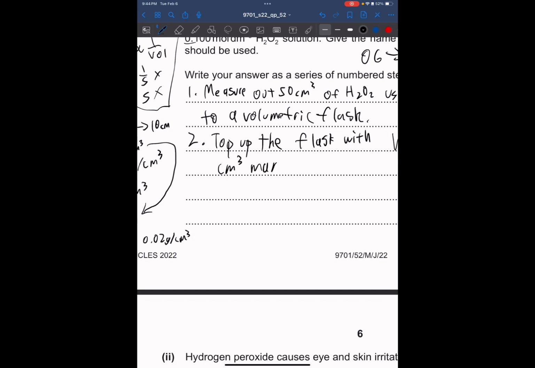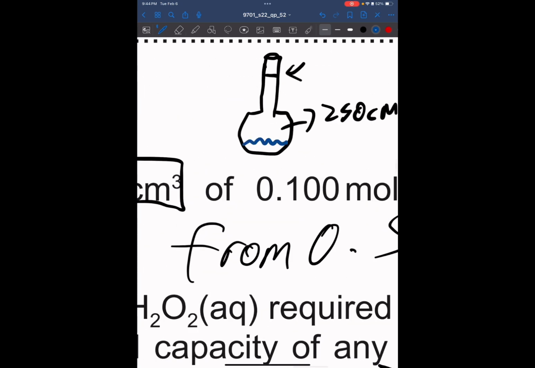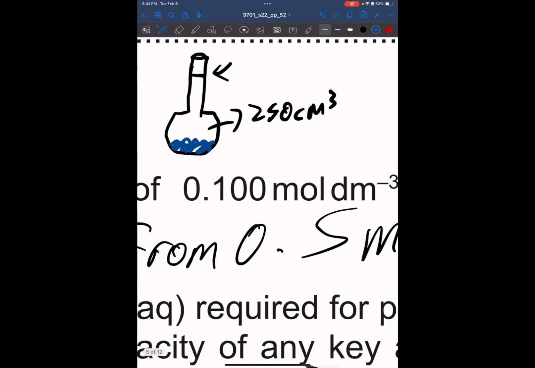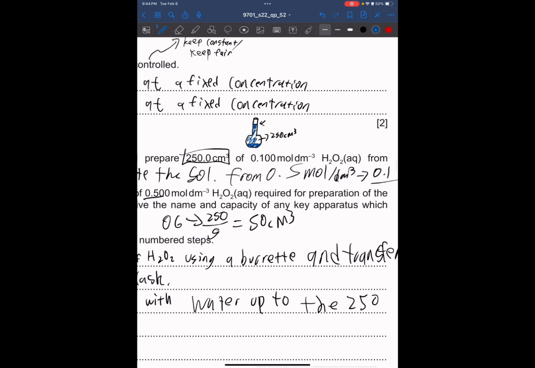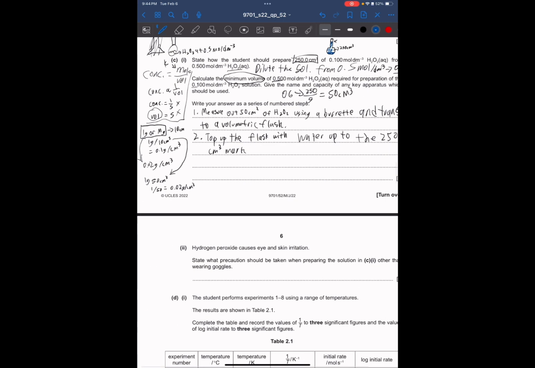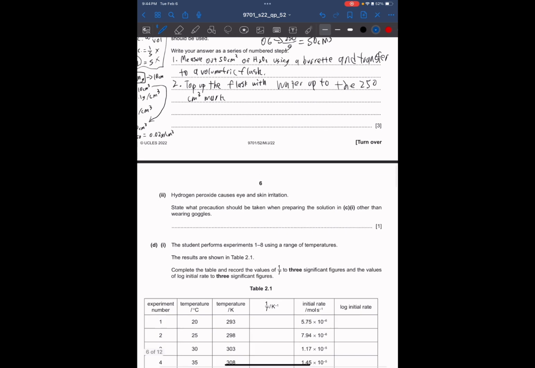As I mentioned, there's going to be a mark here. So if we had H2O2 until that level, we're going to add water all the way until it's filled up to that line. That's how we know it's already at a perfect 250 centimeter cube. So yeah, I guess that's it for that question.